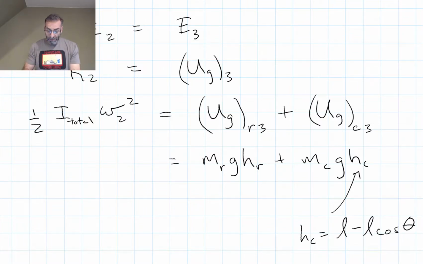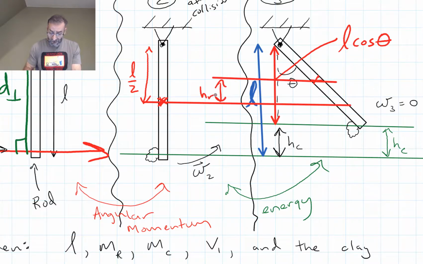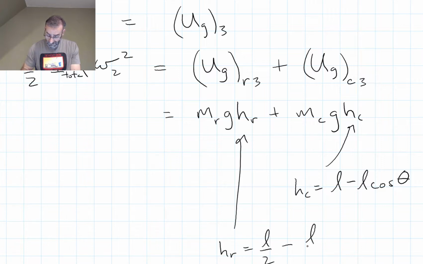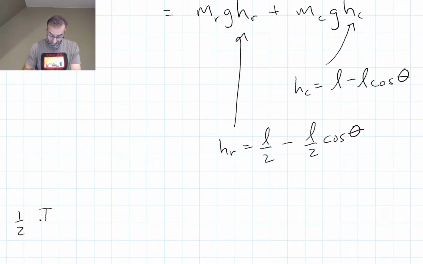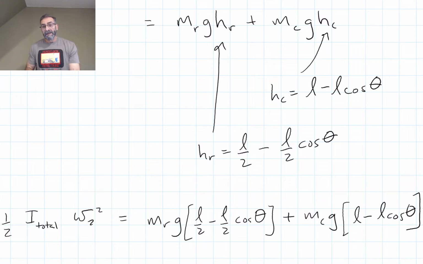If you go through that same thought process for the rod, it has a center of mass here at L over 2. And that center of mass swings up to here, and the distance that it rises, H rod, we can find using the same thought process, only instead of L, it's going to be L over 2. It's the same exact process. So we know the left side of this equation. The right side of the equation, we know everything except for theta. And we can solve for theta.